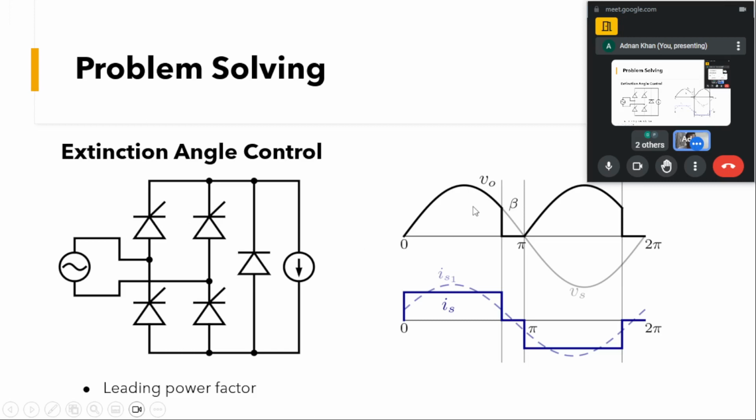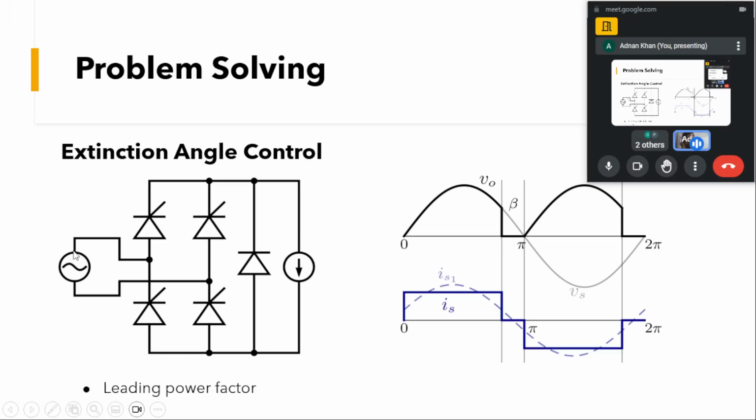In a similar fashion, these devices are turned on at the 0 instant, and after reaching a certain angle beta, they are turned off. After that, the load current will freewheel through the freewheeling diode, and the load voltage will be equal to 0.